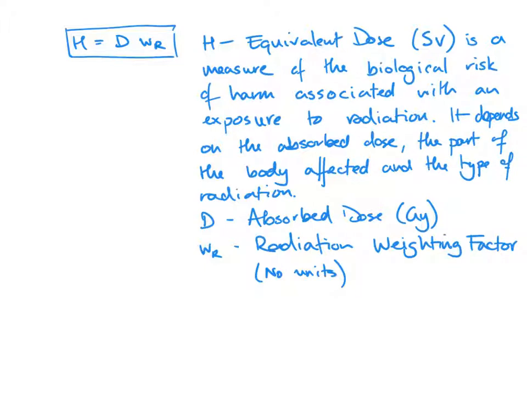And basically what it says is that, for instance, alpha radiation, if you're exposed to it, causes 10 times as much risk as beta or gamma. So we would say the radiation weighting factor for alpha is 10, whereas for beta and gamma it's 1. So that's how we take account of the different types of radiation, by putting in that multiplier. It's just a number that indicates risk.